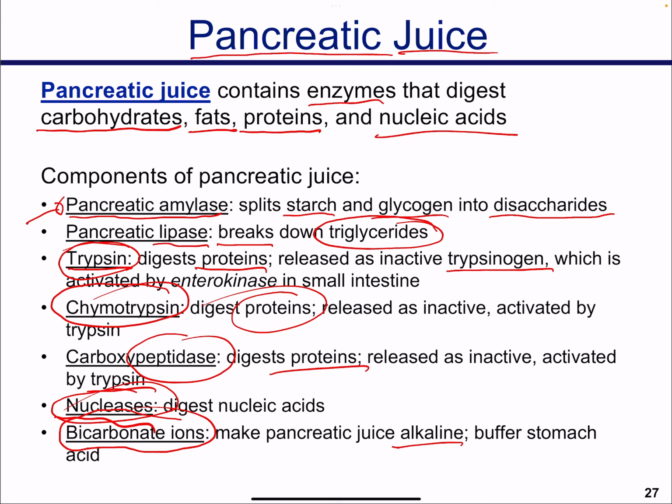When it comes in the duodenum, right, that acidity has to be neutralized by bicarbonate, right? And the enzymes coming from the pancreatic juice are all active in a pH that is around neutral. They are not active in an acidic environment, right? That's why the chyme has to be neutralized.